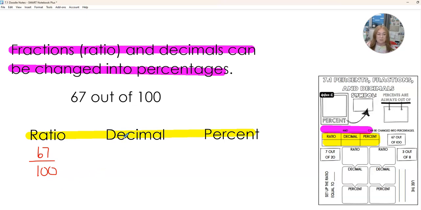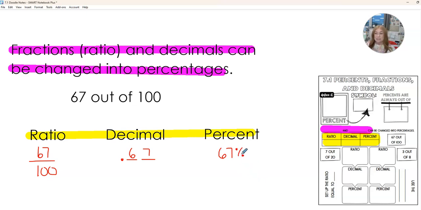The decimal is in the hundredths place, so it's 67 hundredths. They sound exactly the same. And if I write the percent, I know it's 67 out of 100, so we just turn it into 67 percent.